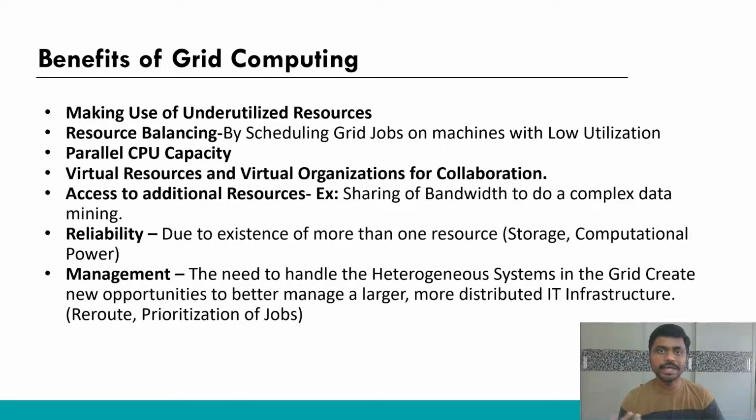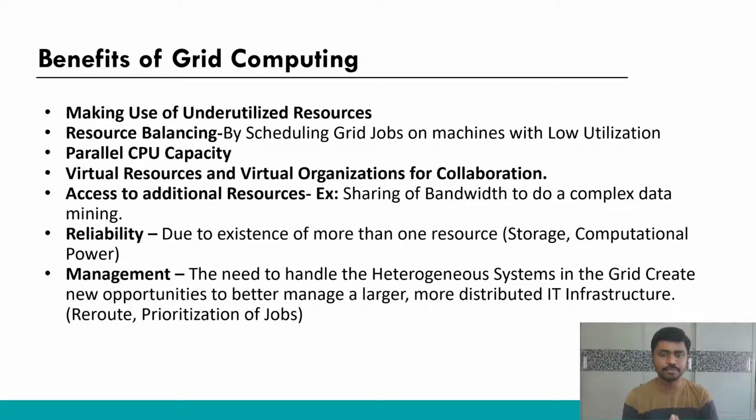You always maintain a backup system. This is how you maintain reliability. But due to grid computing technology, that reliability is already offered, because all these computers are connected to the common grid, right? Even if one node fails, the other node still works. So this is how reliability is ensured without any additional investment.